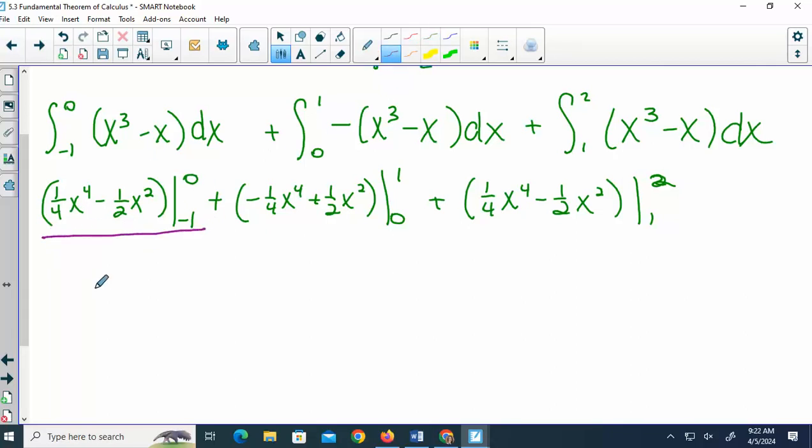Start with this one. 0 to the 4th is 0. 1/4 times 0 is 0. Minus 1 half times 0 is 0. Negative 1 to the 4th is 1. 1 squared is 1 times half.